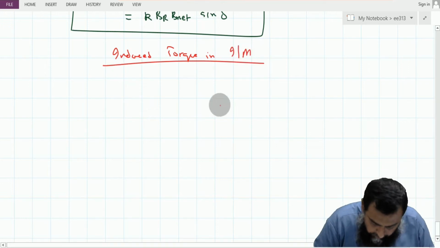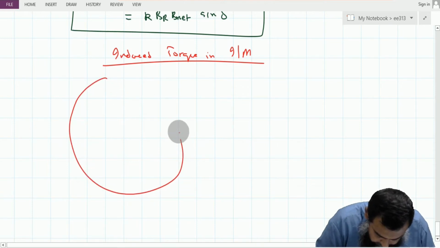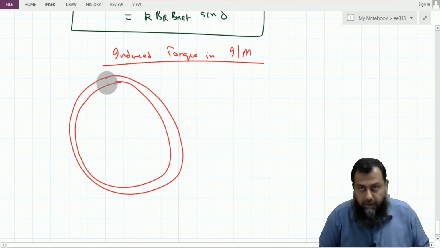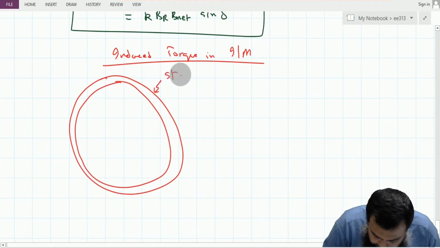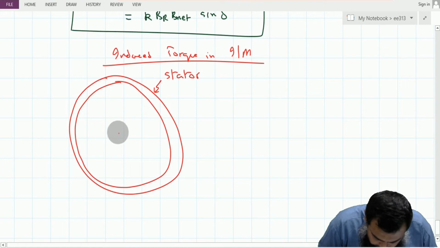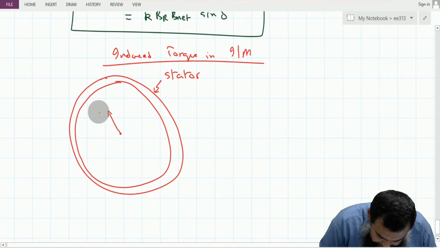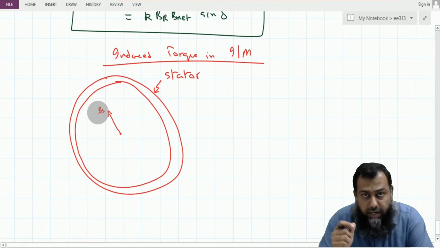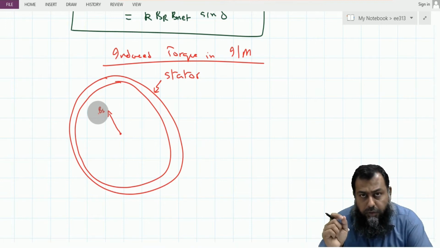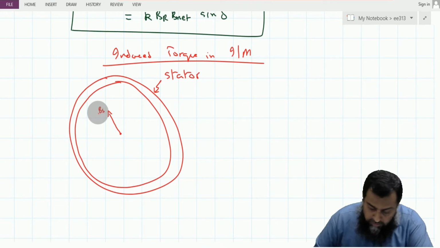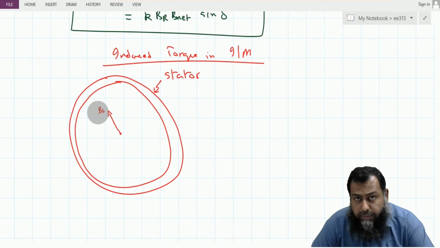Now suppose that we have a stator here. This is the center point, and here we have the Bs, which is the stator magnetic field, and we assume that there is no mechanical load on the machine, and therefore the motor is already running very close to the synchronous speed.